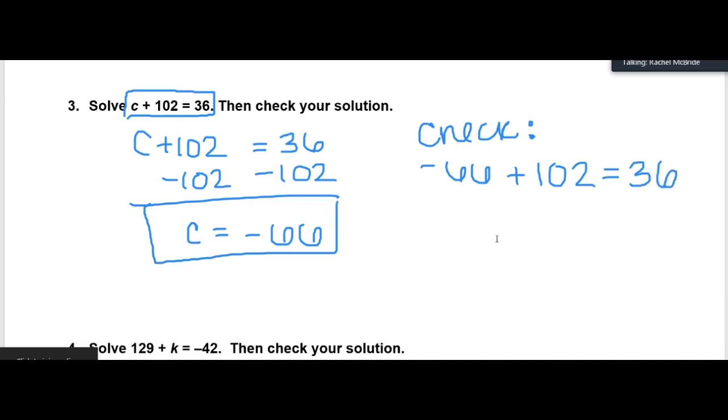It's okay. All right, guys, now use your calculators and check that. Add together the negative 66 and 102. Make sure we're right. You should be able to type negative 66 plus 102 and get 36. Do you all know how to type negatives on those calculators?